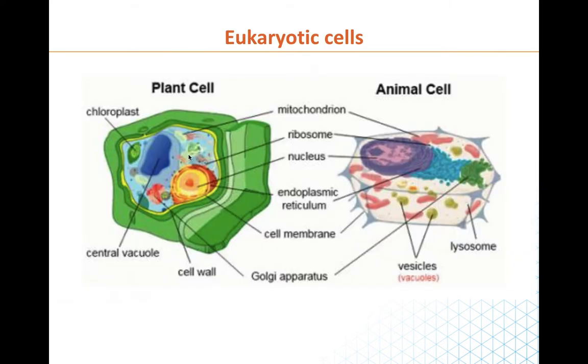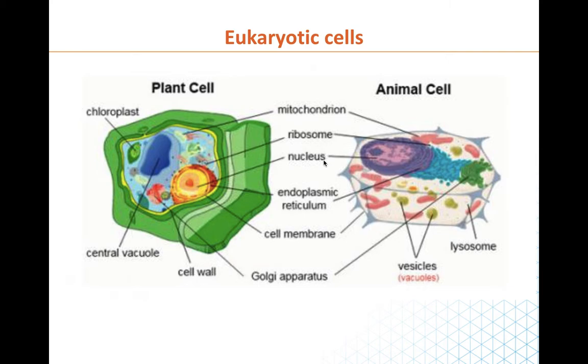All right, and if I compare the two, I can see these are both eukaryotic cells, right? They both have a nucleus, they both have organelles, they're both more complex, and they can both create multicellular organisms, okay? So eukaryotic cells can be broken down into two main parts, plant cells and animal cells. And for the most part, plant cells and animal cells are made up of almost all the same stuff.